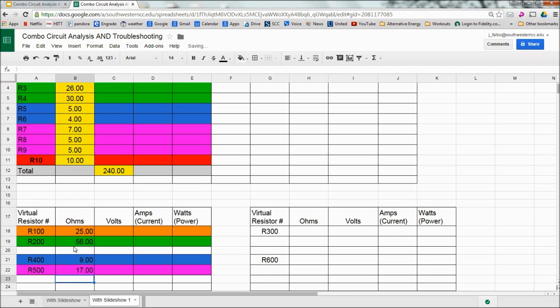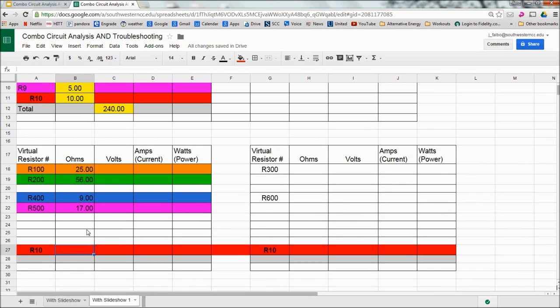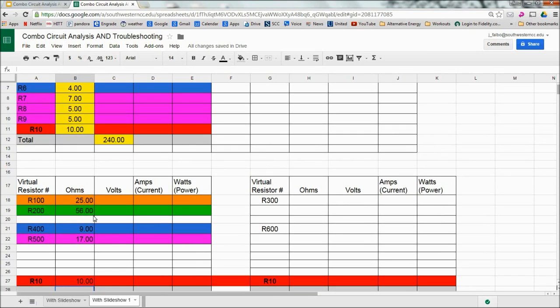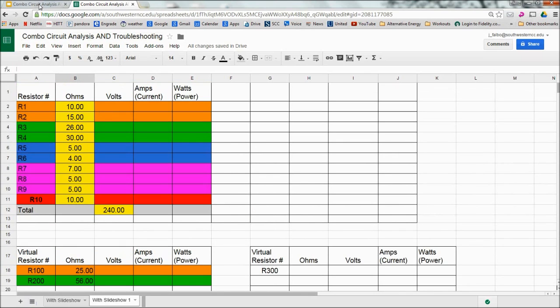And R10 is all by itself, so we're just going to tell this cell, I want you to equal whatever's placed in here. Now notice that I have voltage, current, power for each one of these breakdowns, and I've done that for a reason. You're going to see how this all comes together.